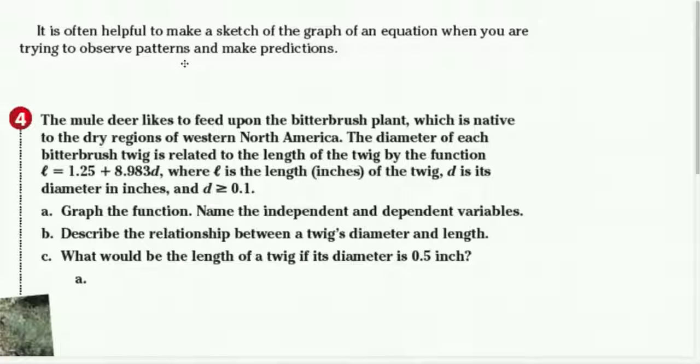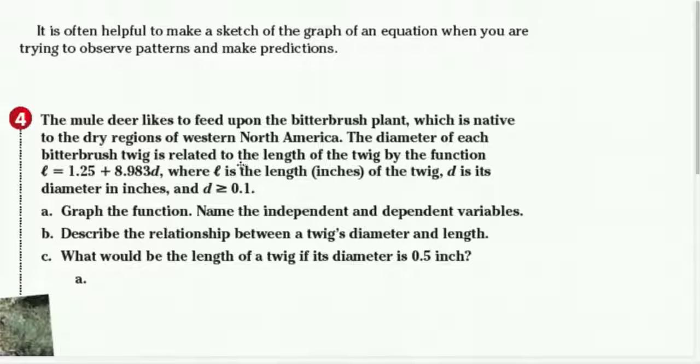So, it is often helpful to make a sketch of the graph of an equation when you are trying to observe patterns and make predictions. Okay, let's take a look at this example and see how that works. The mule deer likes to feed upon bitterbrush plant, which is native to the dry regions of western North America.